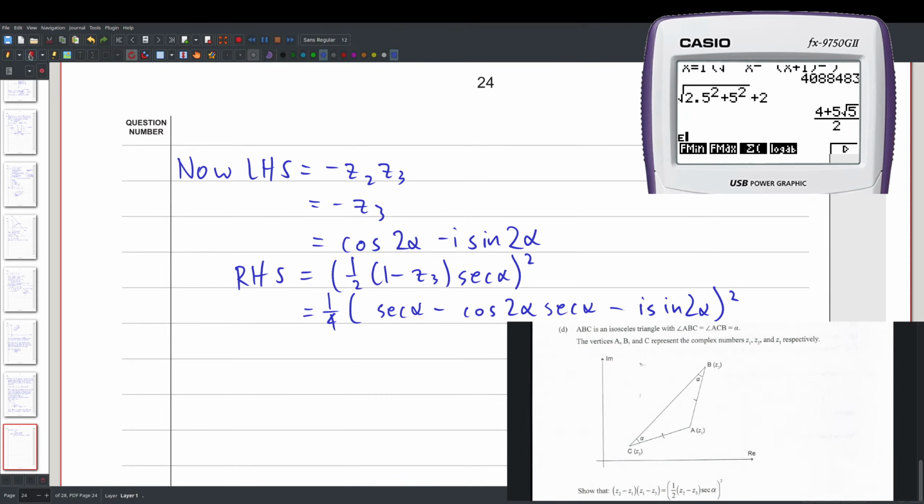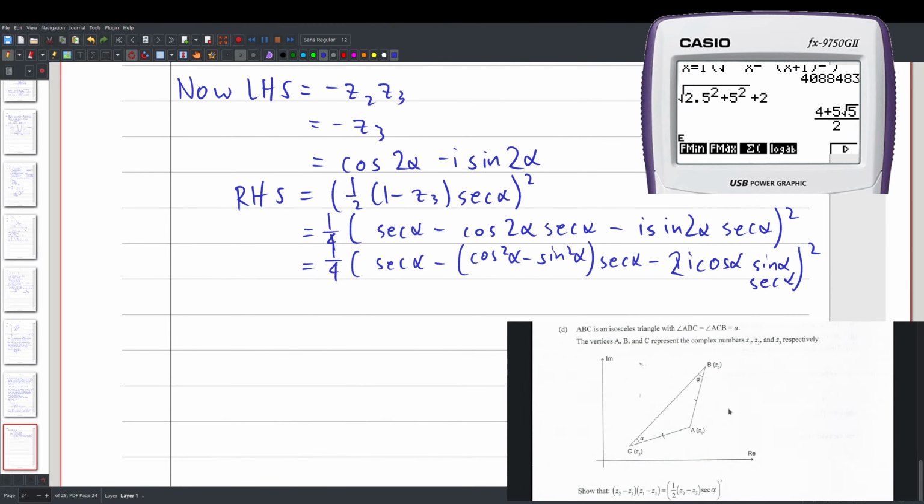Oh, there needs to be a sec alpha. So a quarter sec alpha minus cos squared alpha minus sine squared alpha, minus 2I cos alpha sine alpha, sec alpha squared, is equal to a quarter sec alpha minus cos alpha minus sine alpha tan alpha.